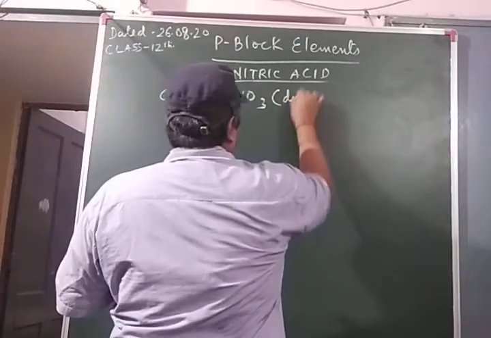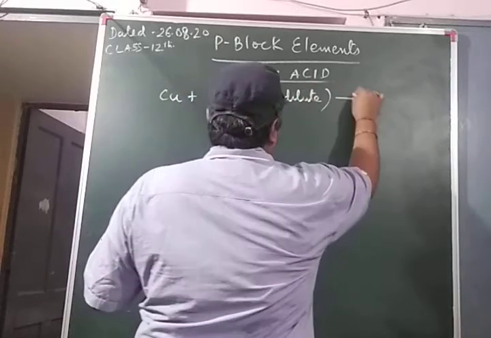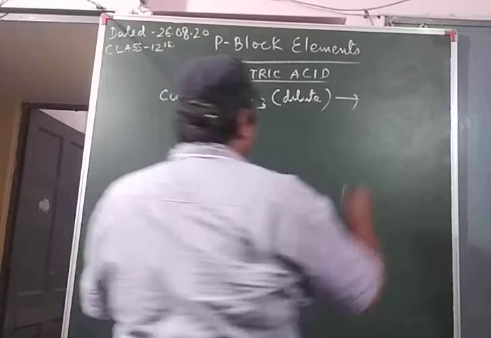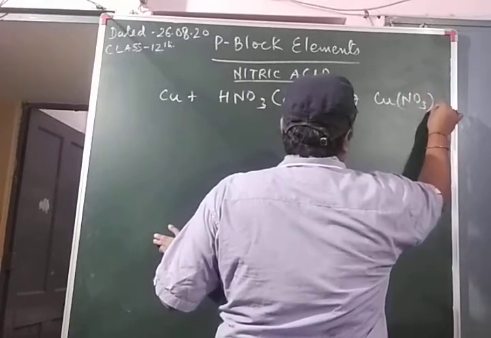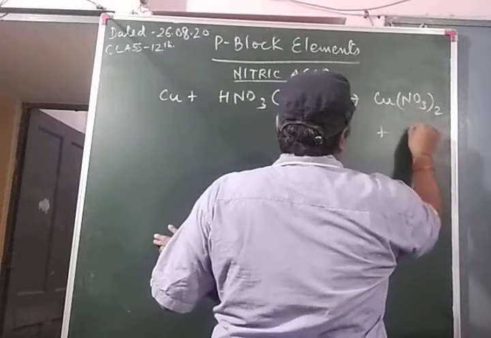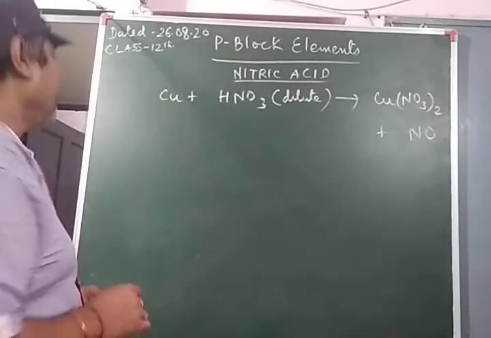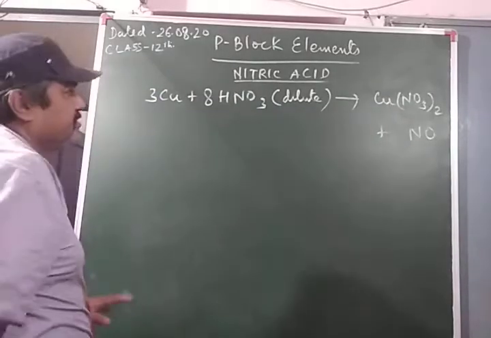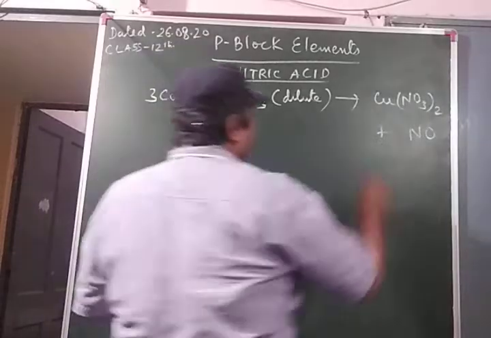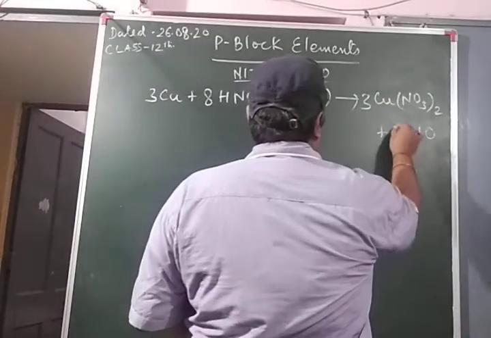So dilute, and this gives Cu(NO3)2 plus nitric oxide. On balancing it, 3Cu plus 8HNO3 gives 3Cu(NO3)2 plus 2NO plus 4H2O.